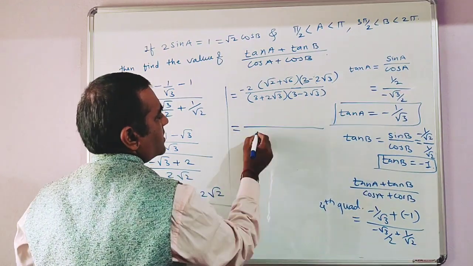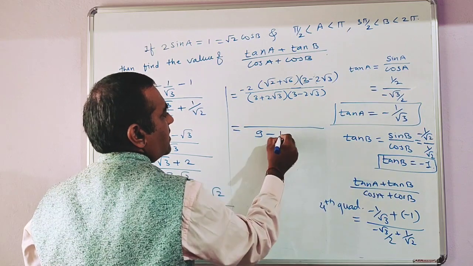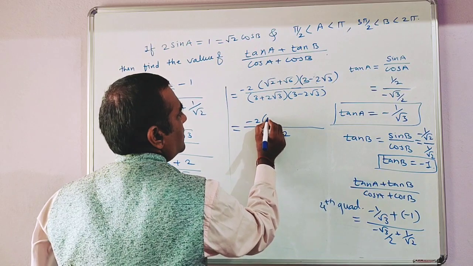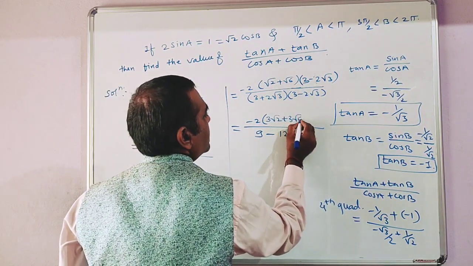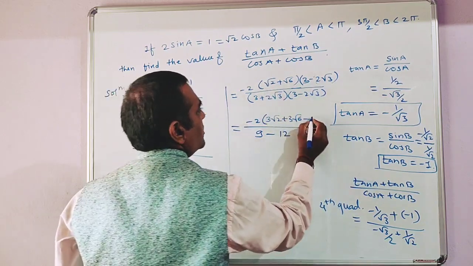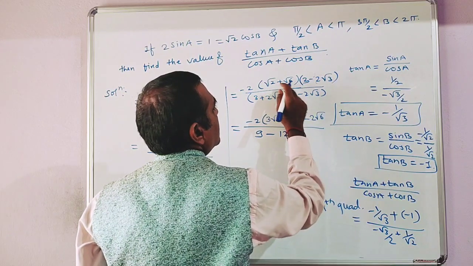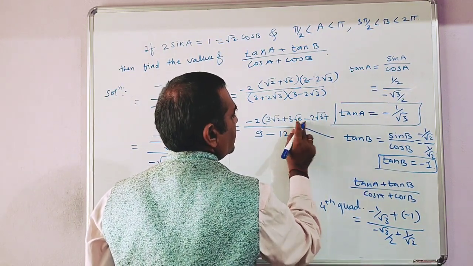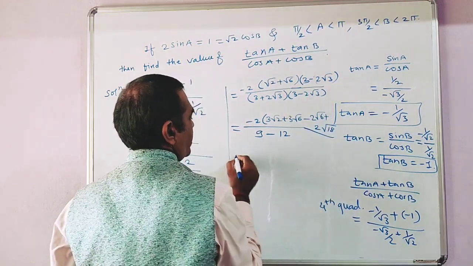See what will happen to this. 9, 3 square 9, minus 4 3 is 12, minus 2, in bracket 3 root 2 plus 3 root 6 minus 2 root 6 plus 2 root 18. 3 6 is 18.